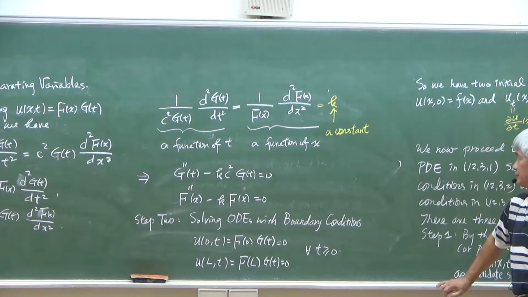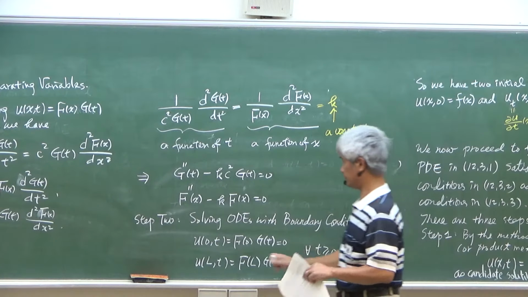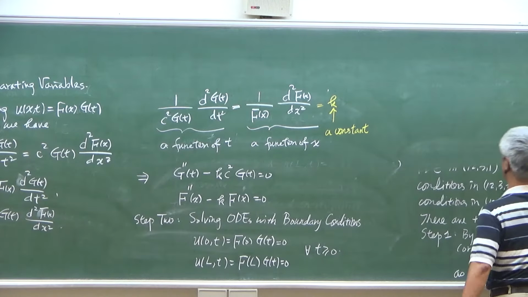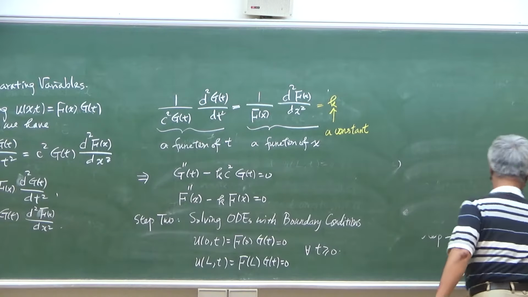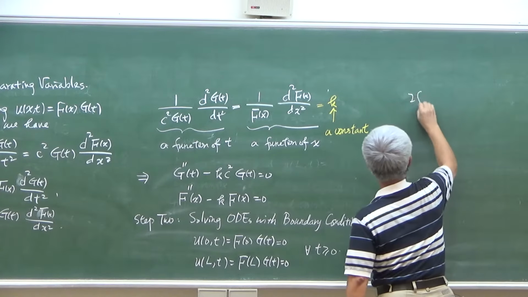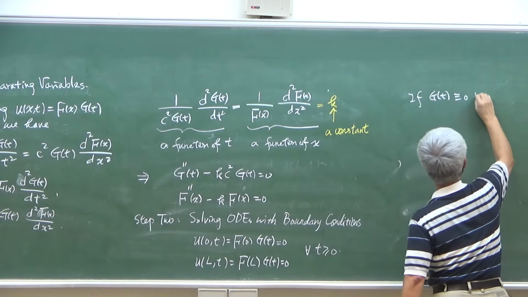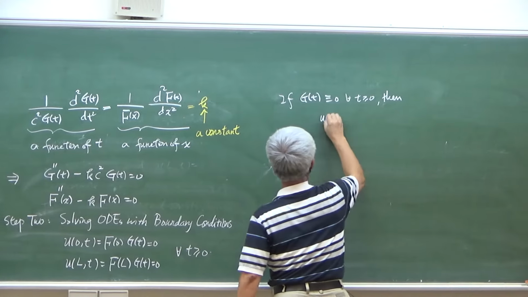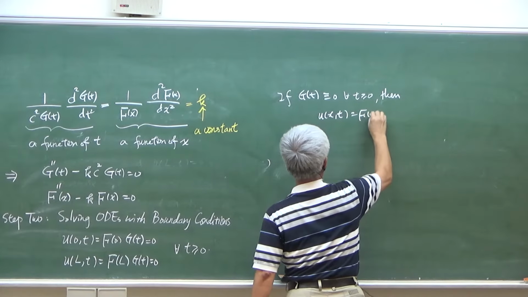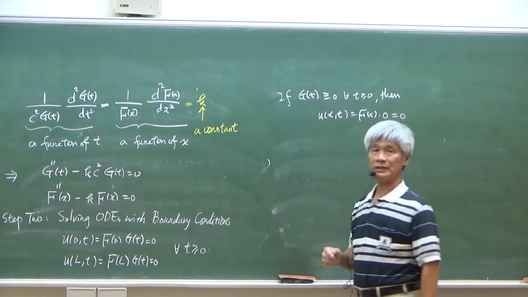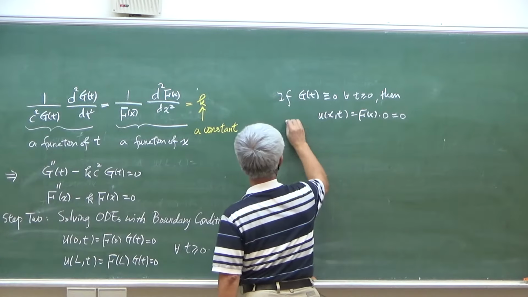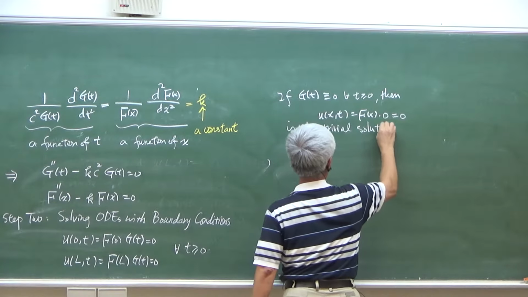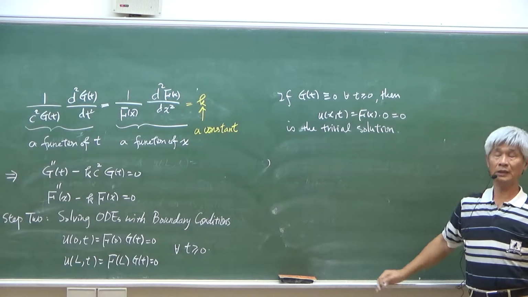Okay, so we have two boundary conditions here. Now, suppose g of t equals 0, then u of x,t is a trivial solution. Okay, so we are not interested in trivial solutions.